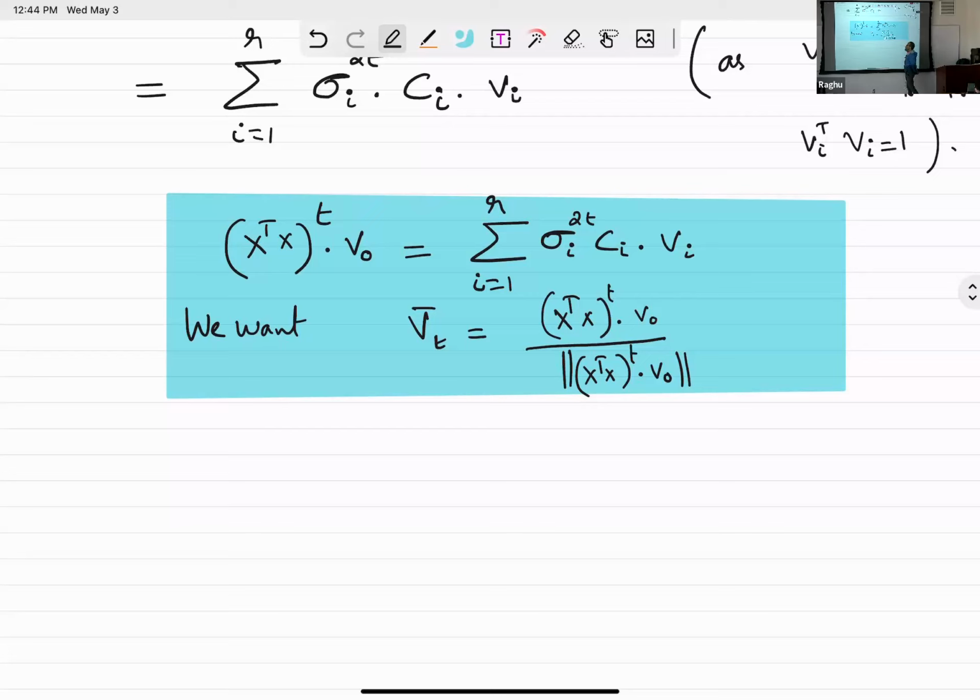So how close is this vector to the direction of the first principal component, or the first right singular vector? And how can I tell that? What is its contribution to the first direction?